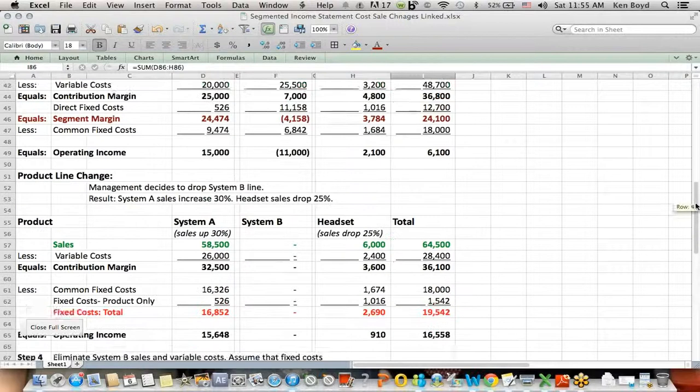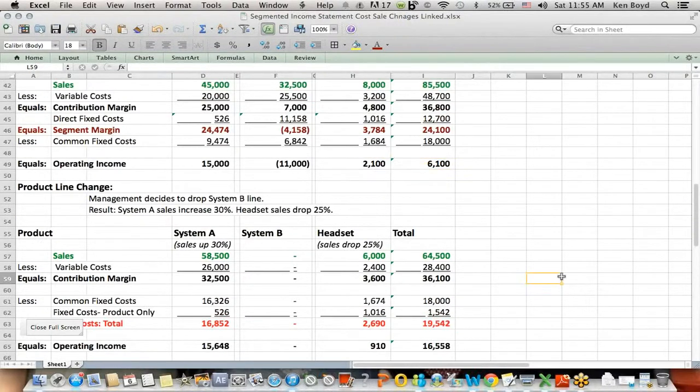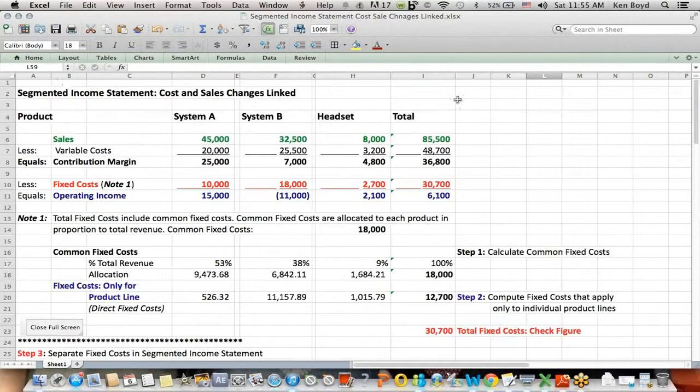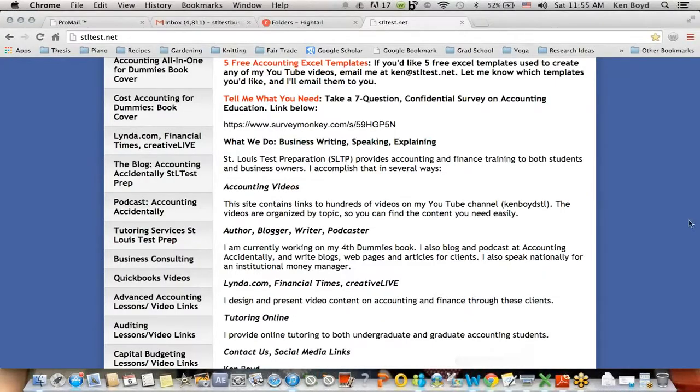We're better off by about $10,000. So what we just did here was, this is a segmented income statement where the costs and sales change. Some of those assumptions change. That's as far as we'll get right now.